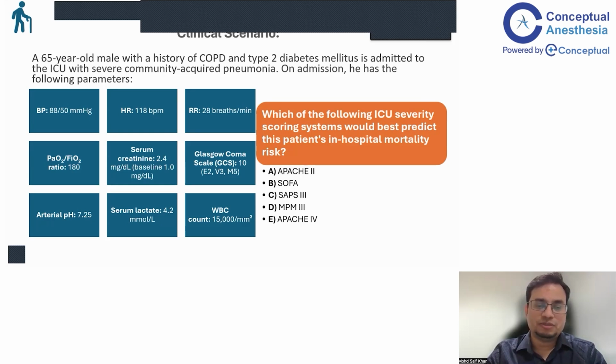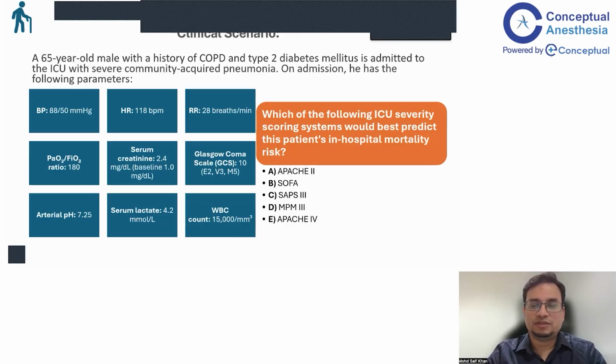It has increased from the baseline, which was 1 milligram per deciliter. Glasgow Coma Scale 10, E2 V3 M5, arterial pH 7.25, lactate 4.2 millimole per liter, and WBC 15,000 per cubic millimeter.